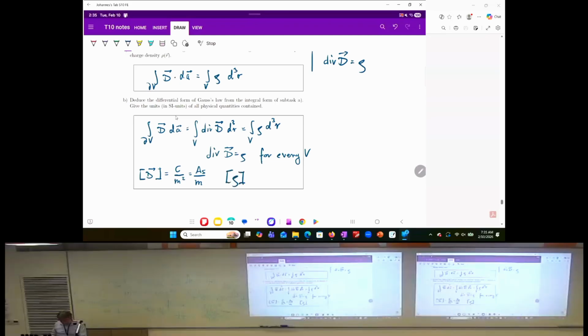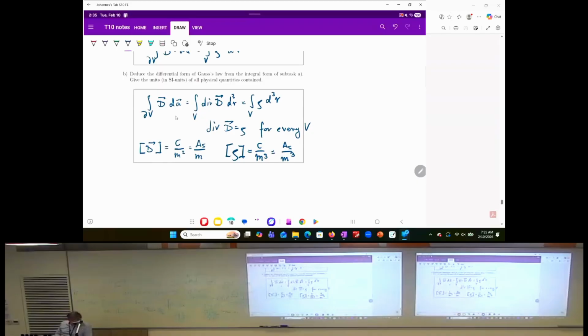So the rho is Coulomb per cubic meter, or ampere second per cubic meter. On the other hand, just remember that we also said we could use D, and if we have the D field on an interface, it gives us a surface charge density.